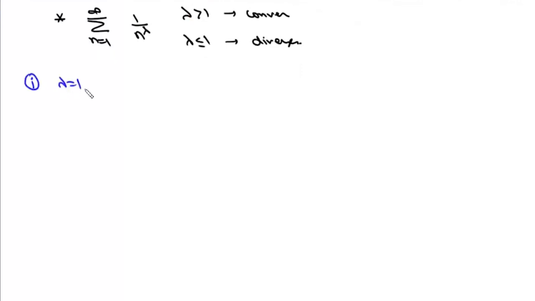When lambda is 1, then we have the series summation n varies from 1 to infinite 1 by n. So we'll take the corresponding function 1 by x. Now this 1 by x is integrable, continuous and decreasing.